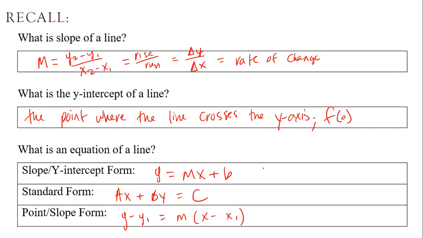From the first one, m equals your slope, b equals your y-intercept. On the second one, to find your slope, it equals negative a divided by b. Your y-intercept would equal c divided by b. So from each form, you're able to identify these things.